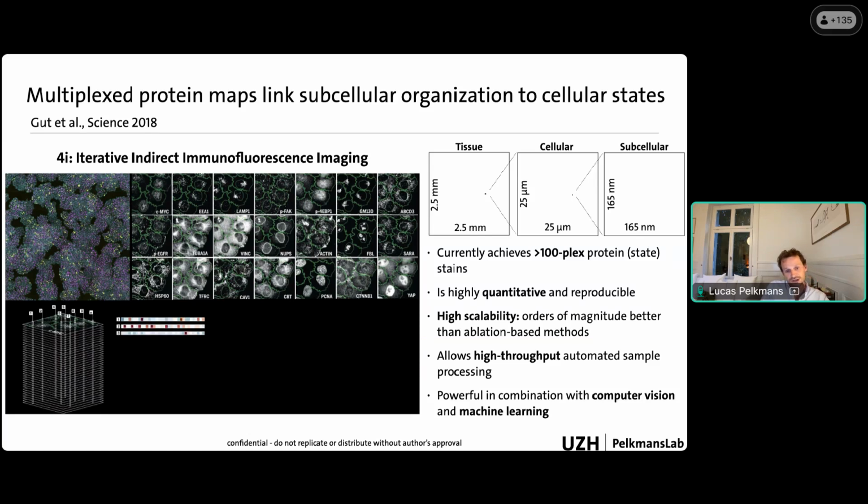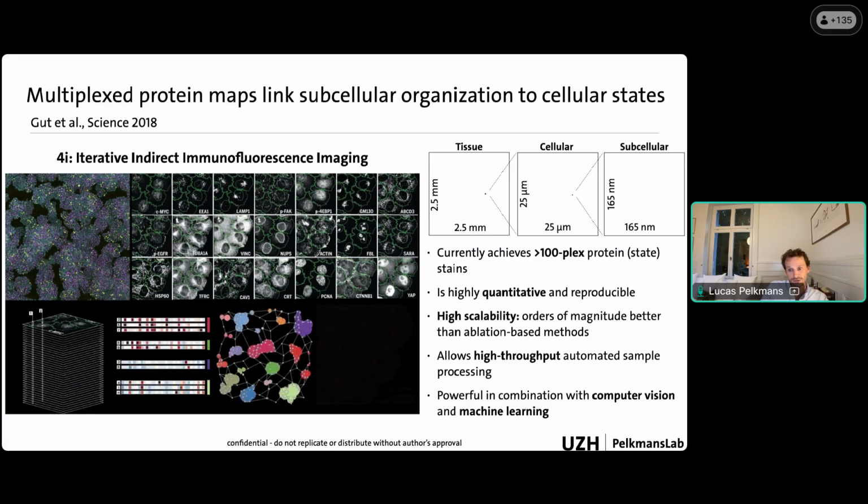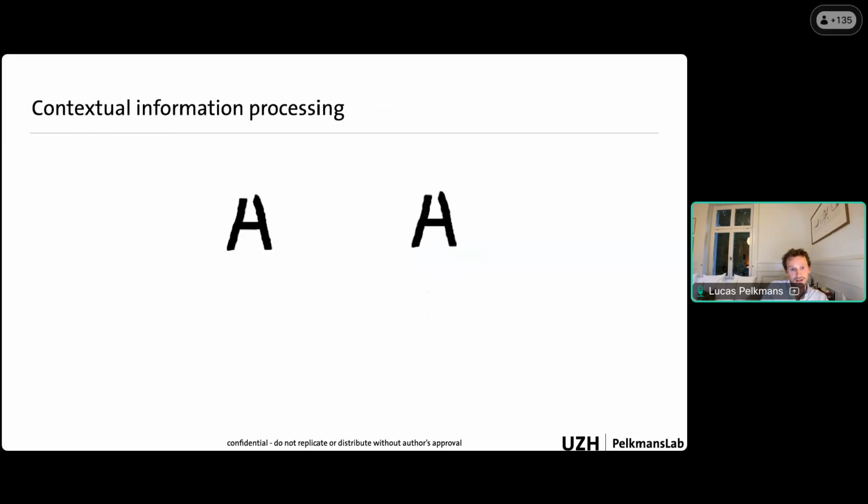The data that we generate with that is really powerful in combination with computer vision and machine learning approaches. For the sake of this talk, I would like to introduce two concepts that are very well studied in cognitive sciences, but not so well studied in our world of cell biology and cancer biology. The first concept is called contextual information processing, and I would like to illustrate that with this slide.